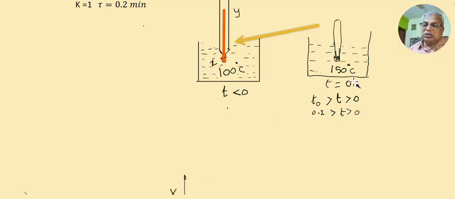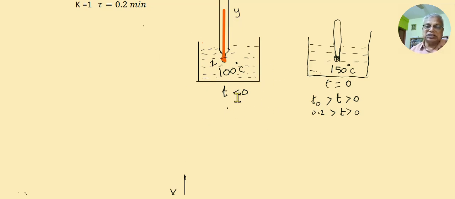So this new surrounding temperature of the thermometer applies only for a period between 0 and 0.2, that is t greater than 0 but less than 0.2. Now what type of input is this? The input for the thermometer, which is the surrounding temperature, changes quickly from 100 to 150 only for a period of 0.2 minute, after which the input x returns to the original value 100.